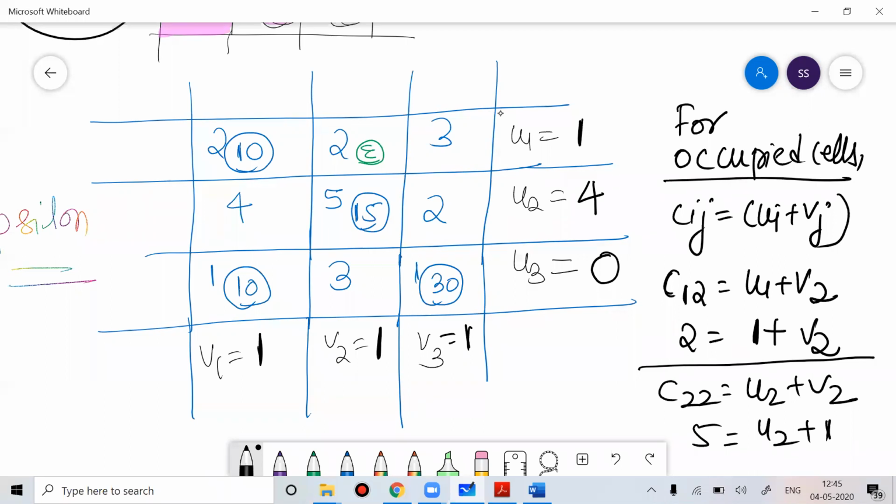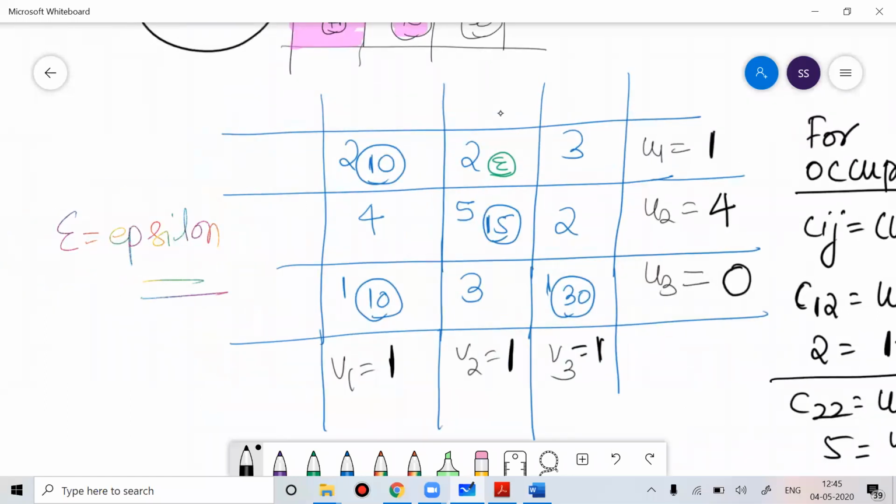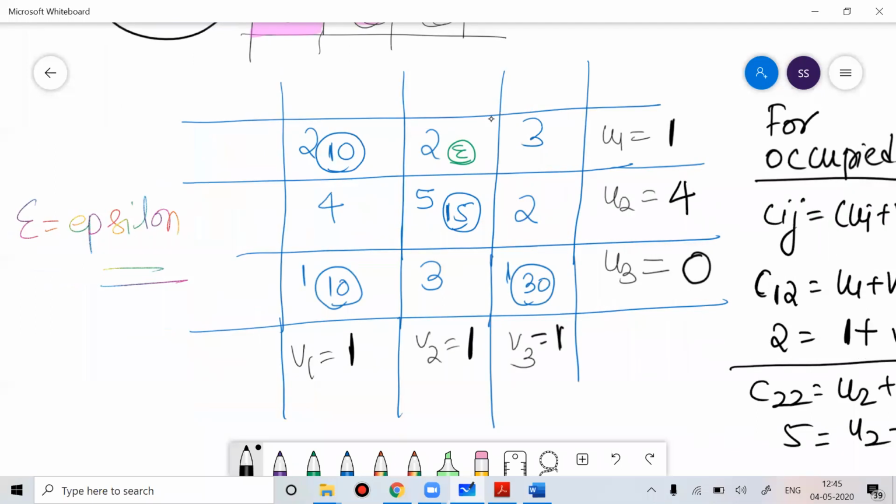The idea of putting that value epsilon: what was the problem? In order to solve this problem, for U1, U2, U3, V1, V2, V3, you have to write values for all the cells. But you could not write them because you were getting a degenerate solution.